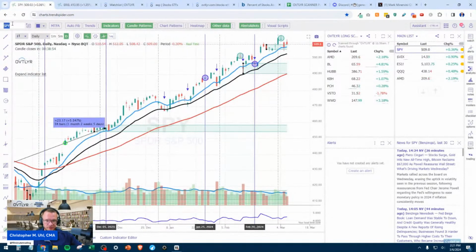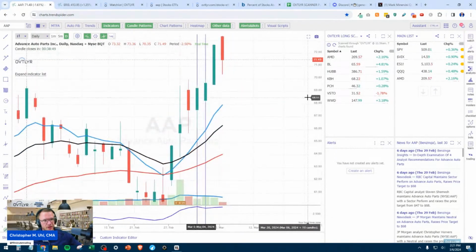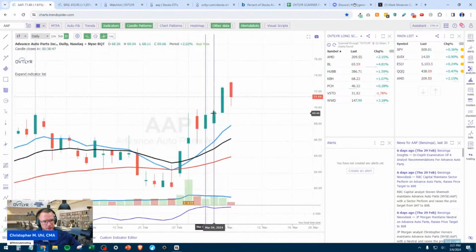Let's go to AAP real quick. I'm sorry, March 4th was production. That's this one here. We got the buy signal in dev on the 2.0 upgrades here.